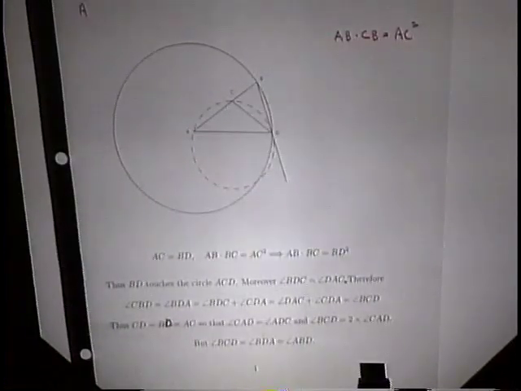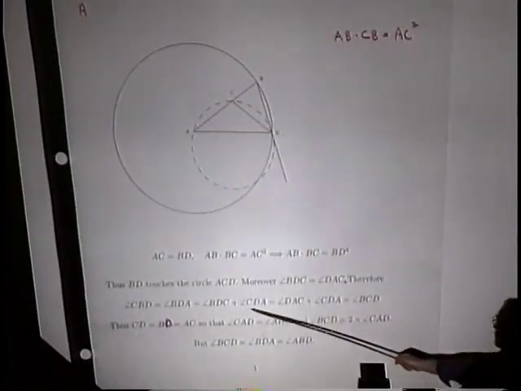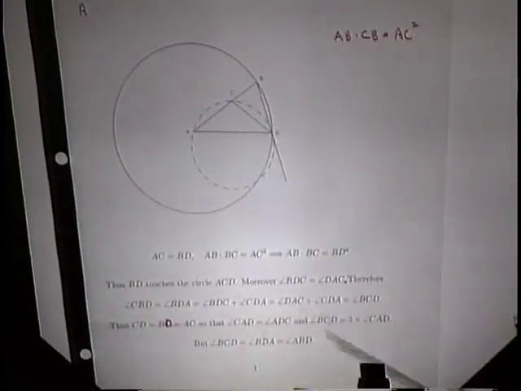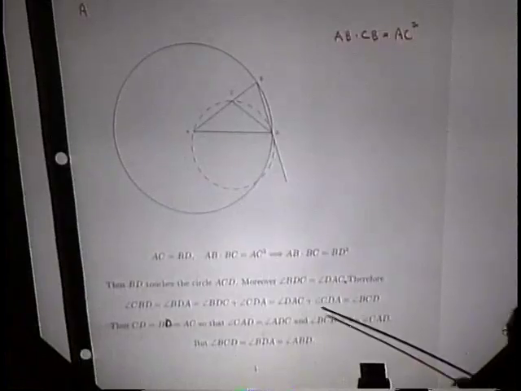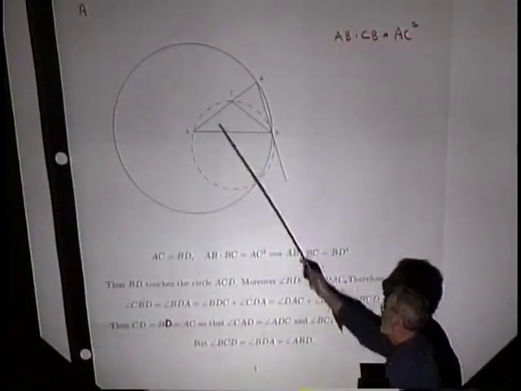Angle BDC is equal to angle DAC. That's what we had from here. So we just put DAC in there. And angle DAC plus CDA. Now we have to think a little bit. So there's a little bit of just playing with the angles, and we have the sum of this and this.